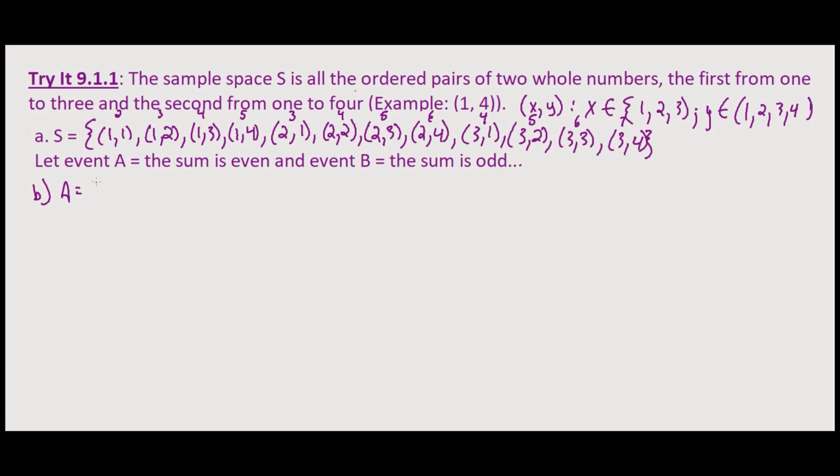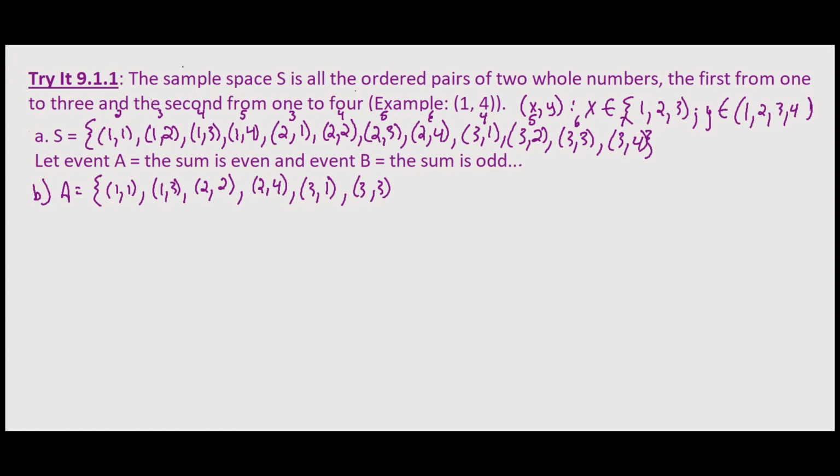So now which ones are even? Well, (1, 1) is 2, so that's even. (1, 3) is 4, (2, 2) is 4, (2, 4) is 6, (3, 1) is 4, which is even, (3, 3) is 6, which is also even.